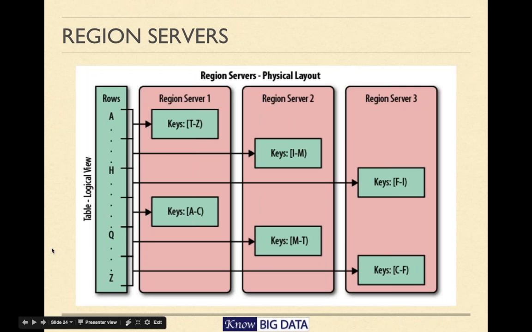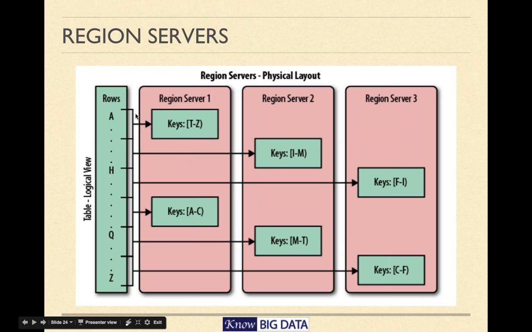Okay, so this is the logical view. You can see the physical layout. On one end, you have this kind of indexing, which is done at the HBase master level.